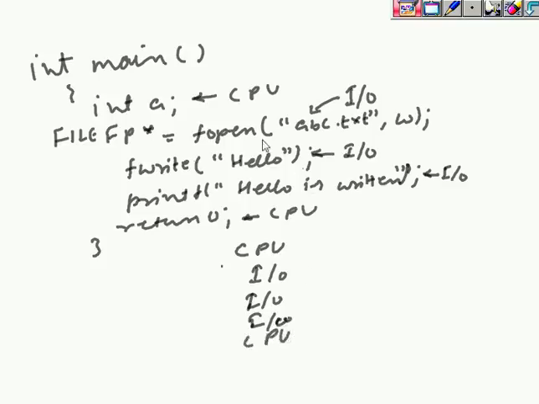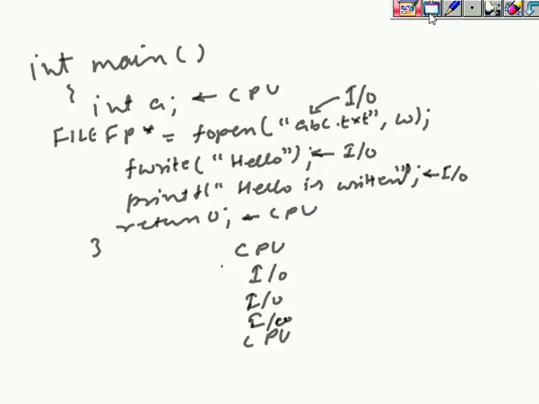So a program may contain some CPU instructions and some IO instructions, and these can be executed in interleaved manner, right? The order of these instructions is not defined. It totally depends on the type of program which you have written, right?